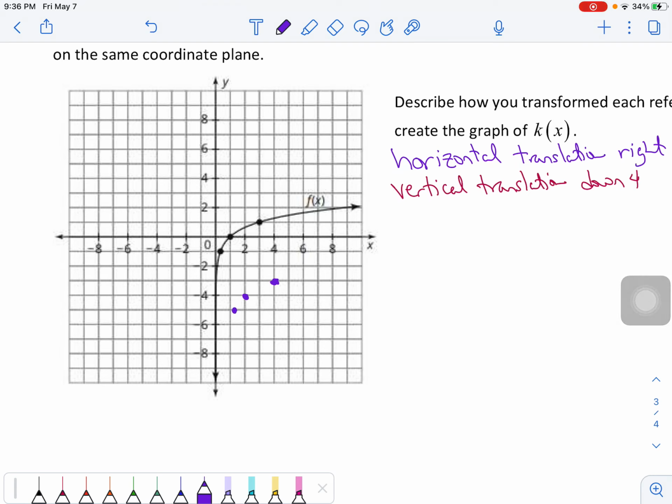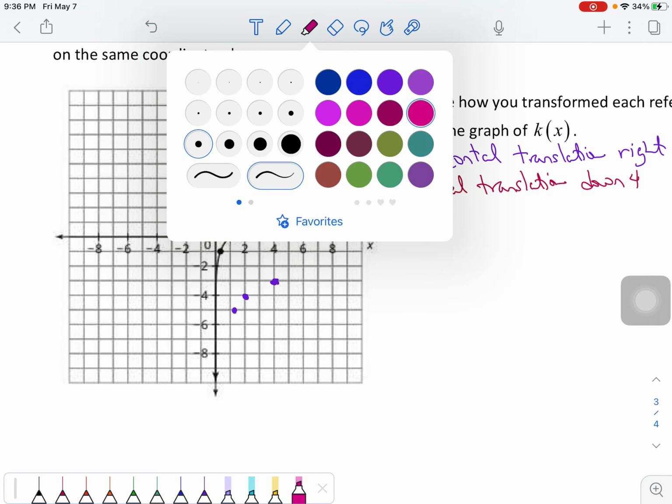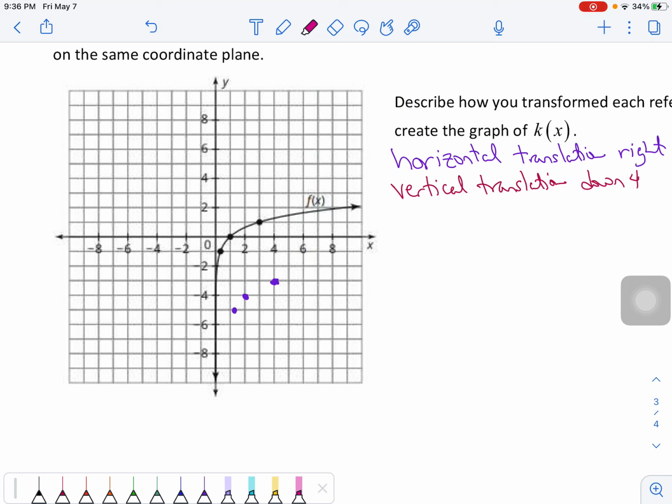Now, I'm going to give you a hint here. All right, kind of a big, huge hint. The logarithmic functions have vertical asymptotes. We talked about this in the first couple of problems. Your vertical asymptote is going to be, in the original problem, right here on the y-axis.